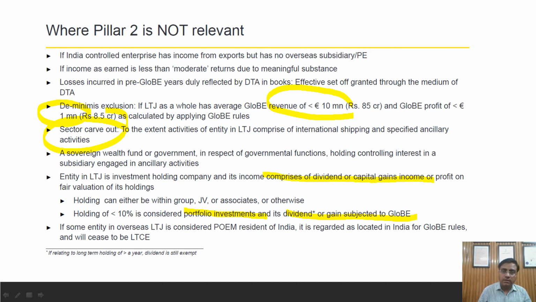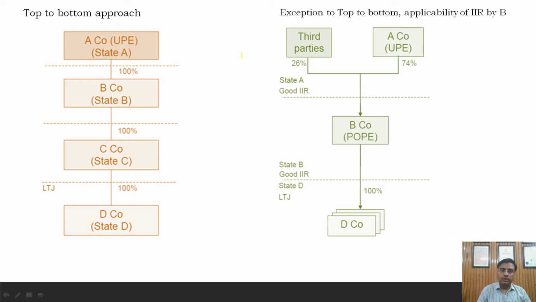So we need to understand the IFRS also, what is the impact of DTA in the books, what is the impact of DTL in the books. That is also part of the ETR. So let us see in our next example what is the impact of DTA. First of all, we see how to follow the Globe rule.